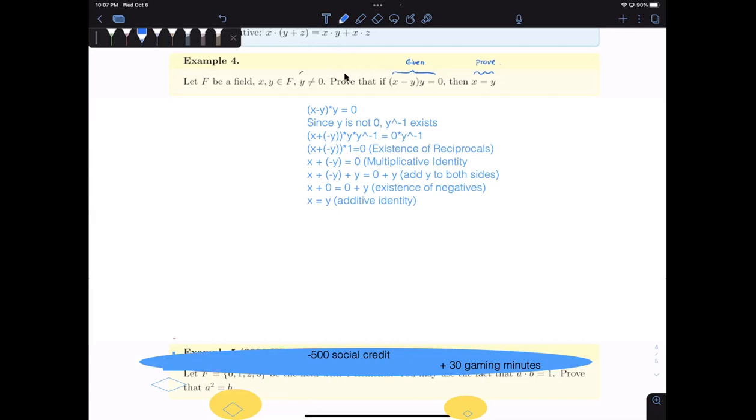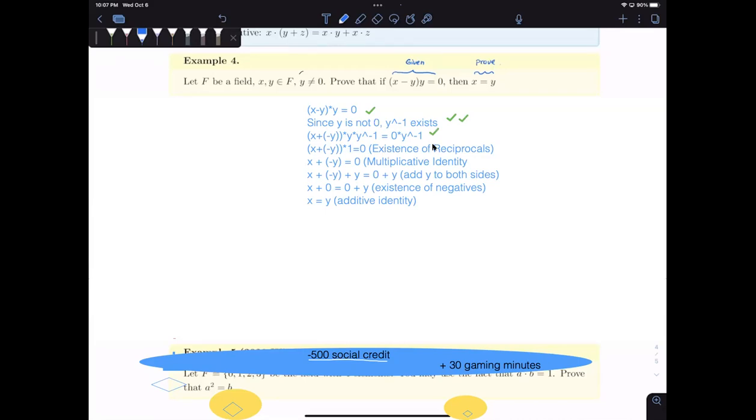Okay, whoever wrote this, I don't know who you are because I can't tell. x minus y multiplied by y equals to 0. Since y is not 0, the inverse exists, okay? x plus negative y multiplied by y times y inverse equals to this, okay? Okay, cool.